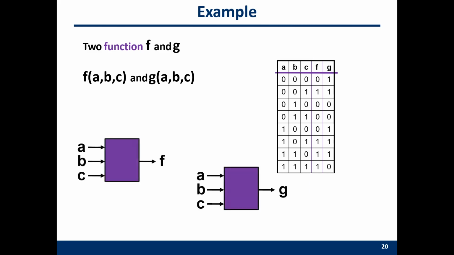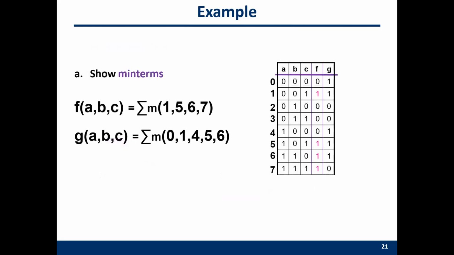Then we can basically implement 2 circuits. One is for f, the other one is for g. Both of them have 3 input variables. And then we can write each function, f and g, as the sum of the products.